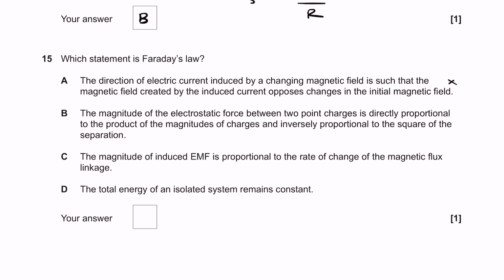However, B says the magnitude of the electrostatic force between 2 point charges is directly proportional. Well, that's not Faraday's law. That's Coulomb's law. And C, the magnitude of induced EMF is proportional to the rate of change of magnetic flux linkage. Well, that is correct. So C will be the answer here.